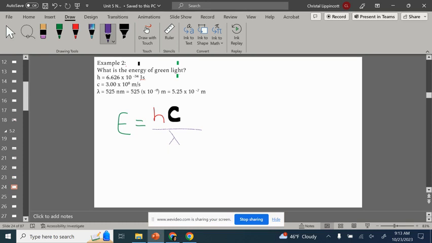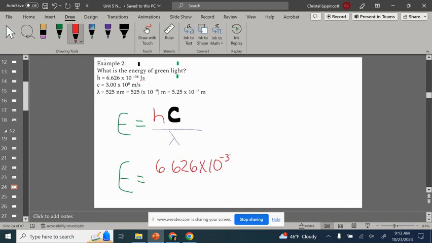Okay. All right, so start putting in our values here. Planck's constant again, same number every time, 6.626 times 10 to the negative 34. That is joules seconds.